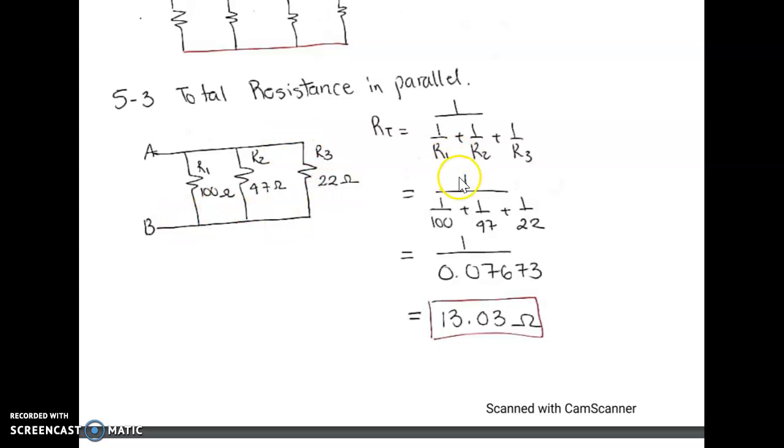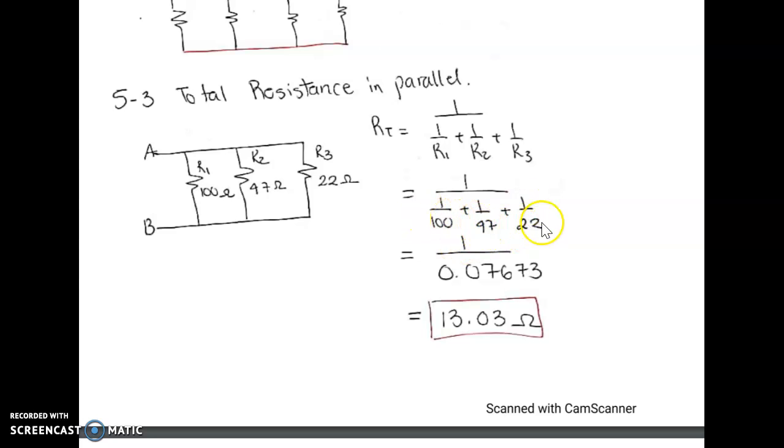So the formula that we learned was 1 over the sum of the reciprocals of the resistors, the reciprocal of the sum of the reciprocals will give us the total resistance. So I just substitute the values, 1 over 100, 1 over 47, 1 over 22.